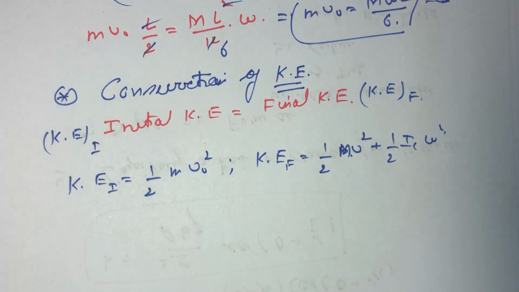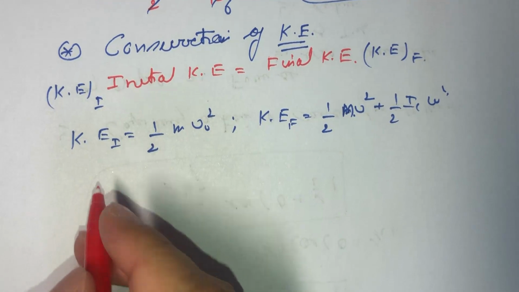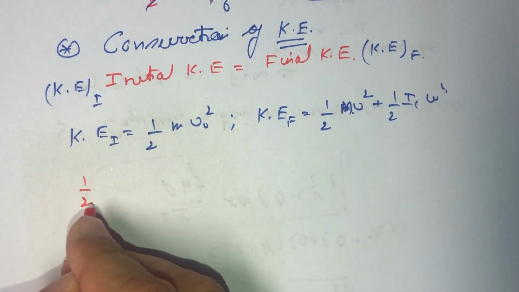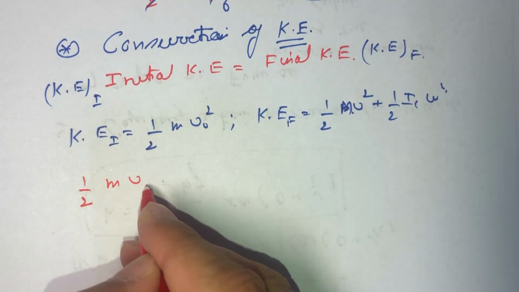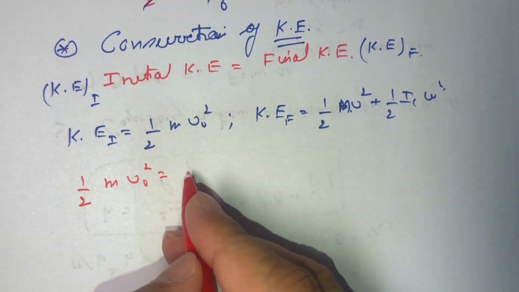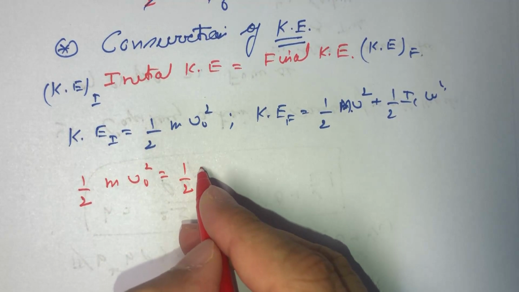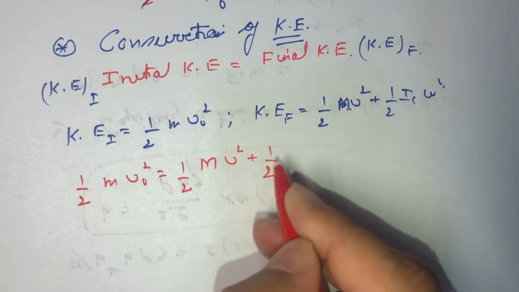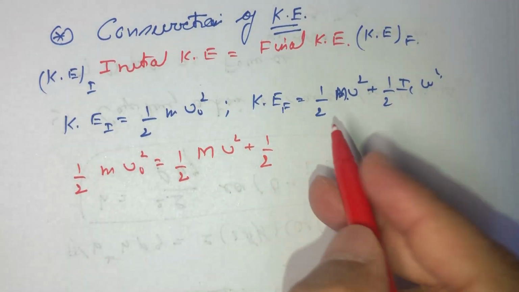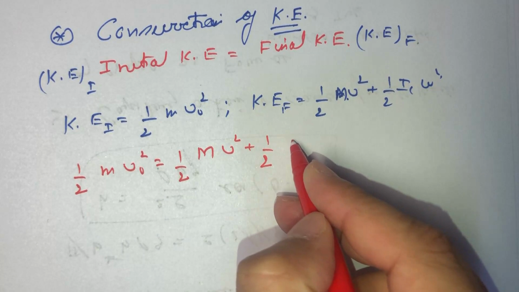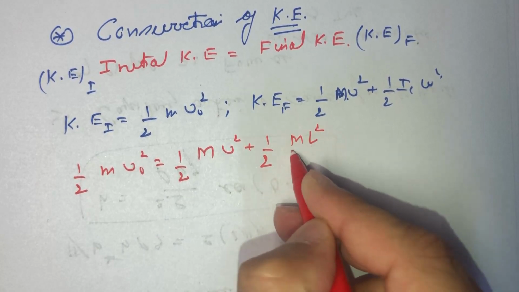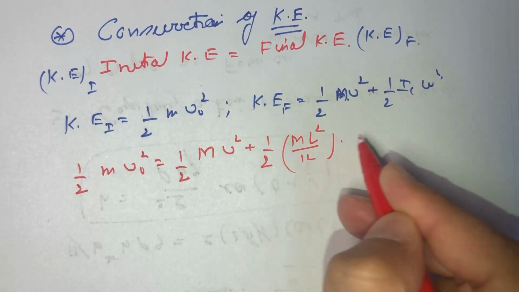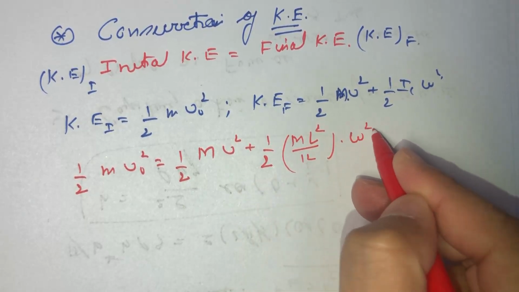So we already know, or let's equate it first and then solve it further. So we can write this as half m v naught square is equal to half capital M v square plus half, we know IC is our ml square upon 12 multiplied by omega square.